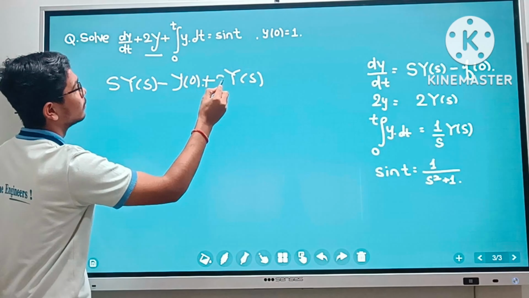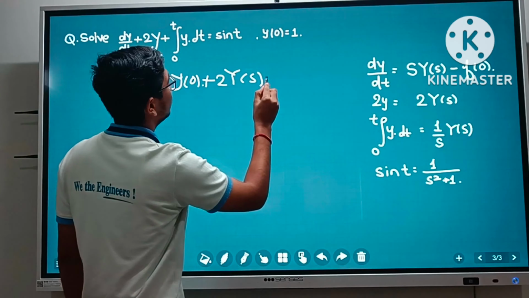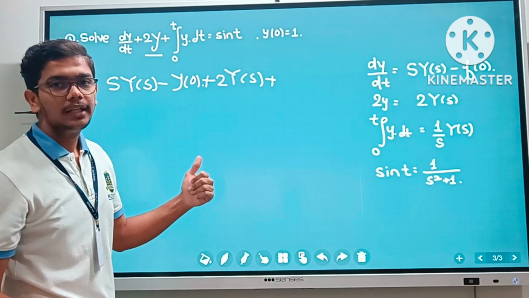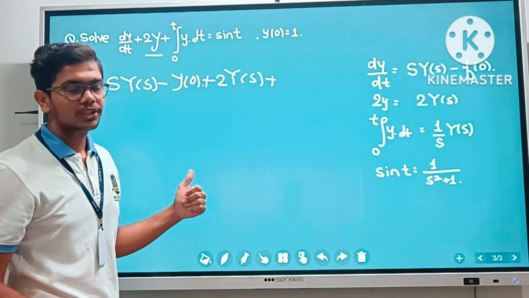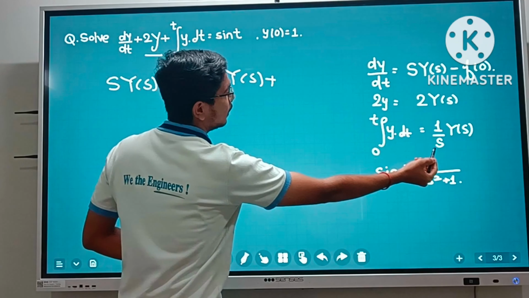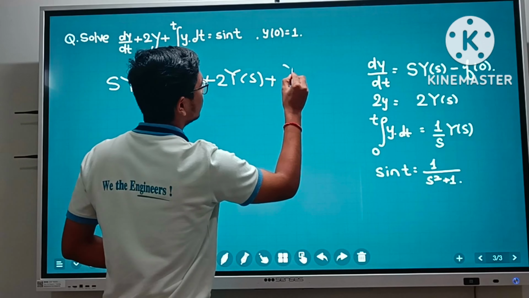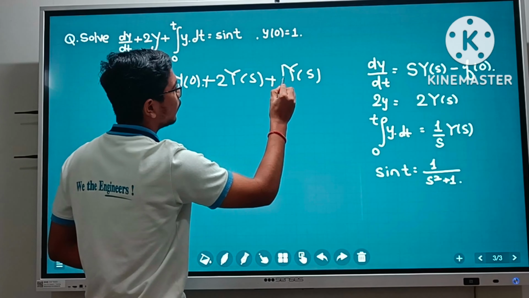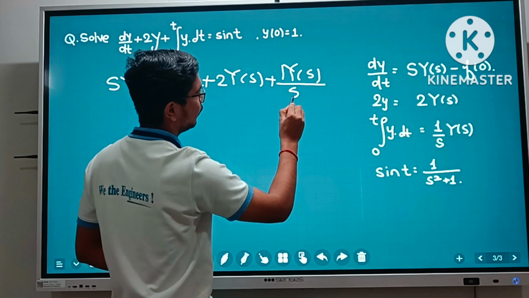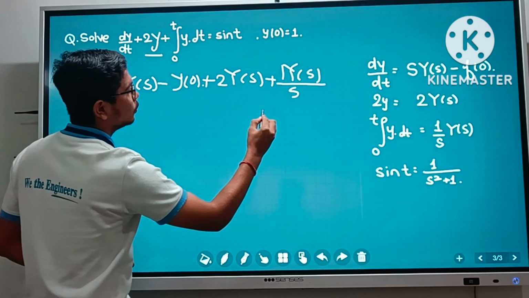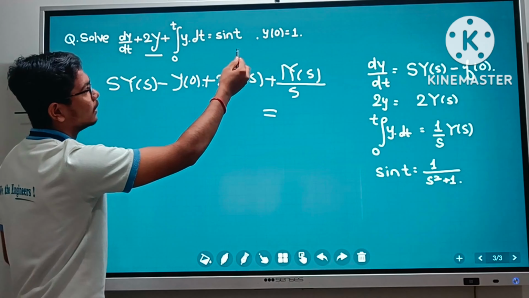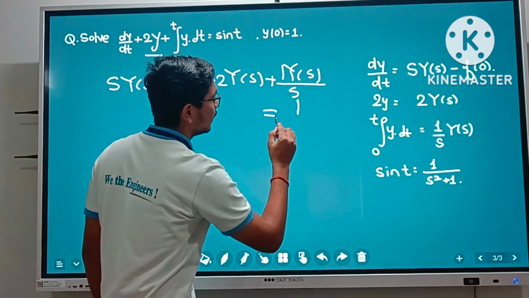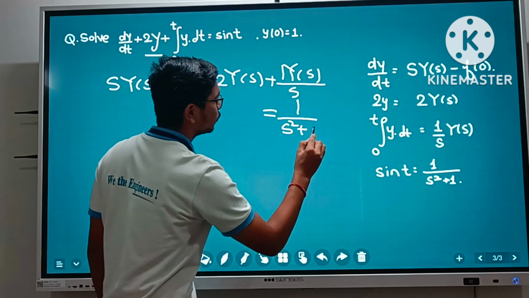Then we find the Laplace of y and use the Laplace of integration: by the integration property, Y of s is divided by s. On the right hand side we have the Laplace transform of sin t, which is 1 upon s square plus 1.